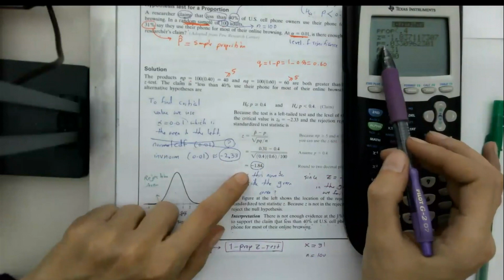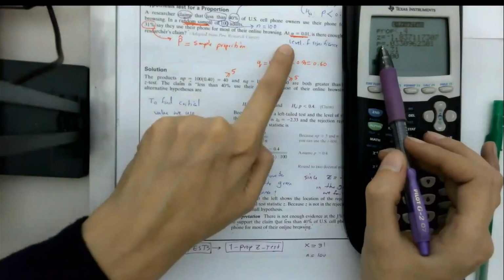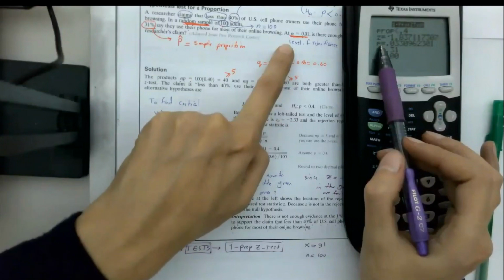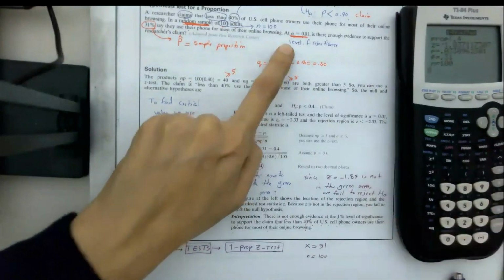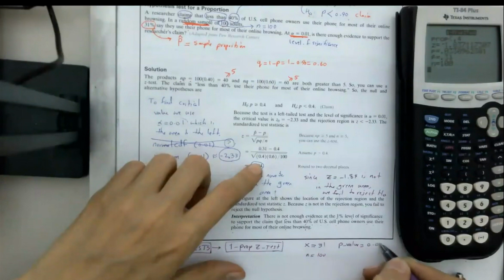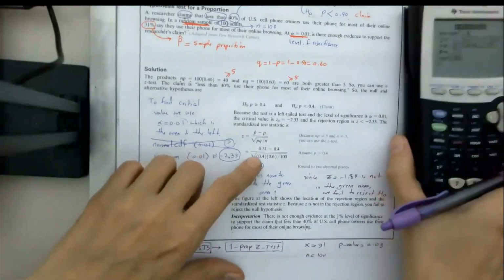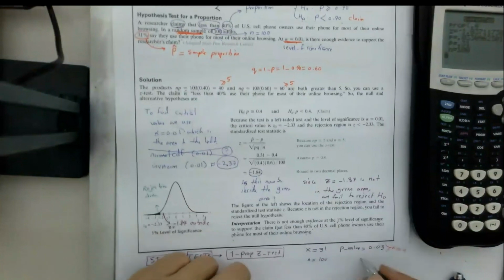The p-value is almost 3%. 3% is greater than alpha, which is 1%. So we fail to reject the null hypothesis.